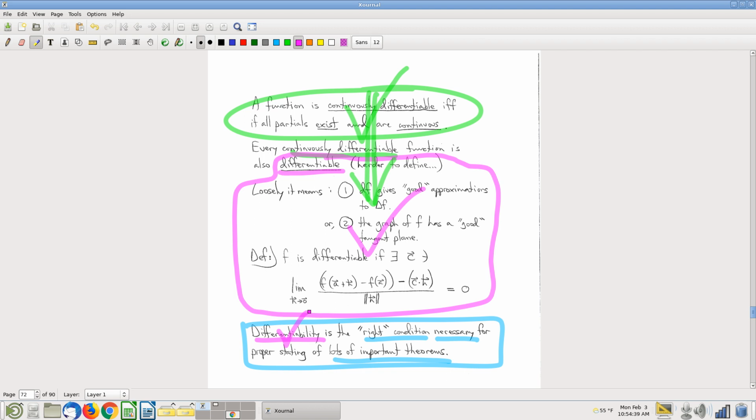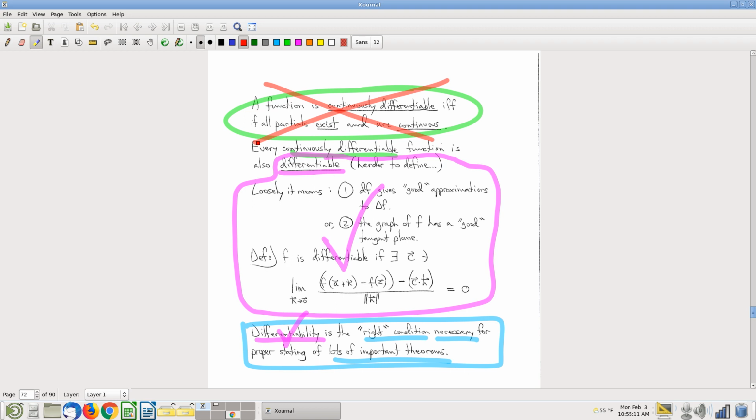Okay. All right. Now, this naturally brings up a question. If continuous differentiability will always let me use the theorems that I want, why are we even talking about this thing called differentiability? And it turns out that there are some functions that are differentiable, but which simply are not continuously differentiable.